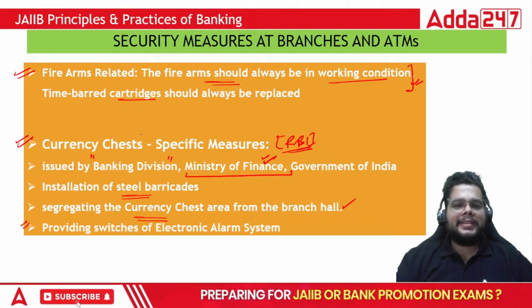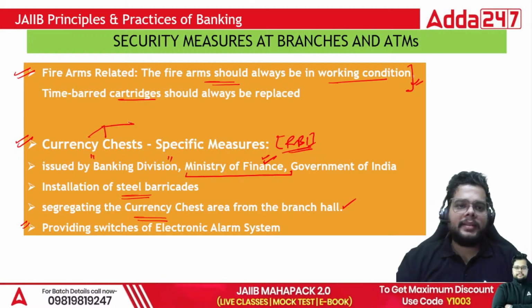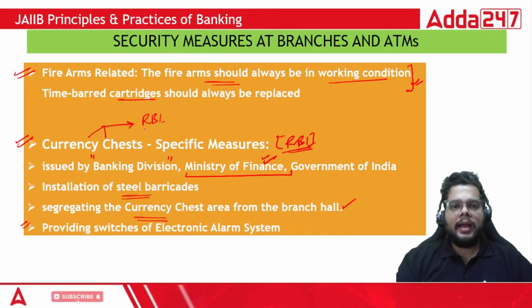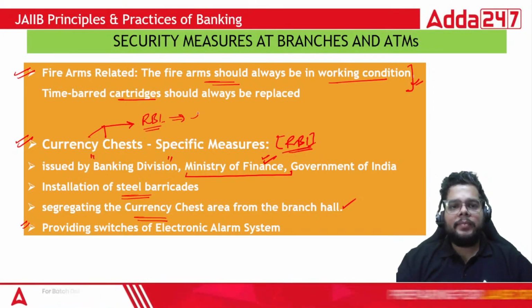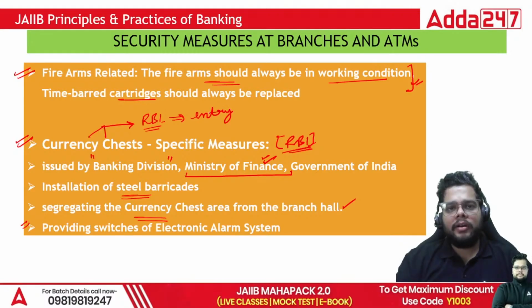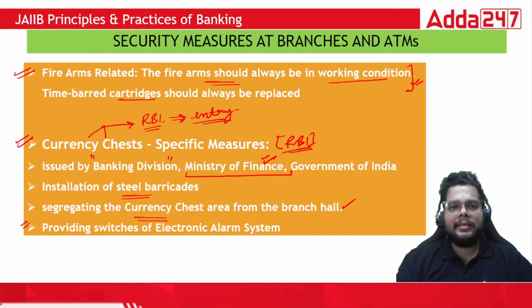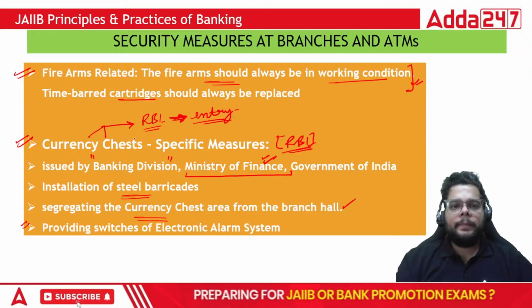So why the specific measures for the currency chest branches? Because these are those branches which will be replenished by the RBI, right? So mostly the first entry point for the cash in our banking system is from the currency chests.